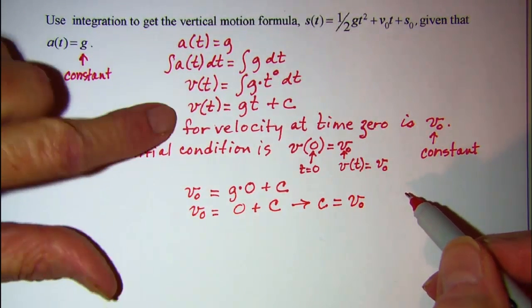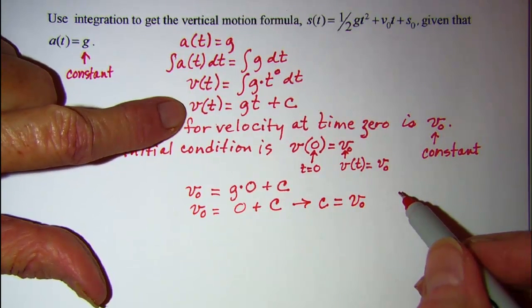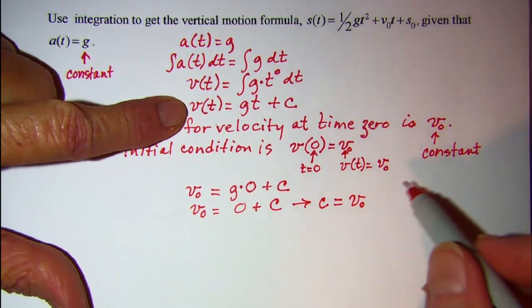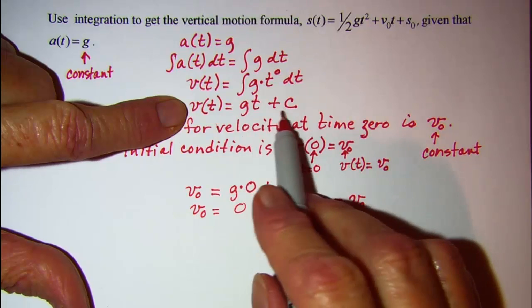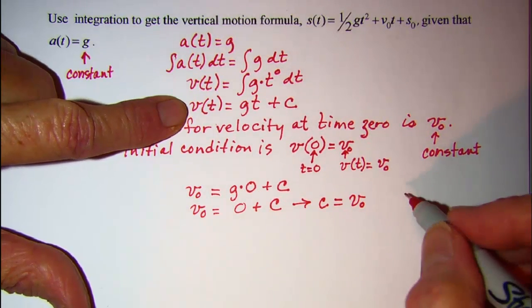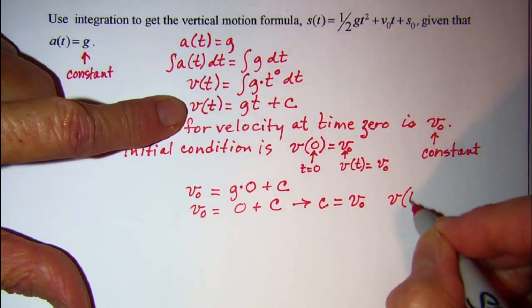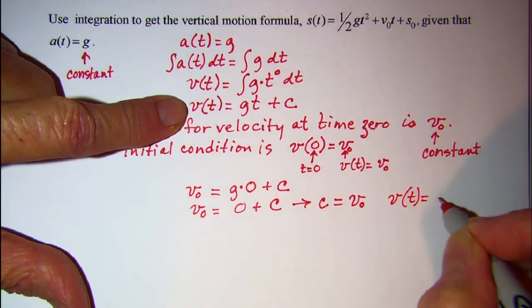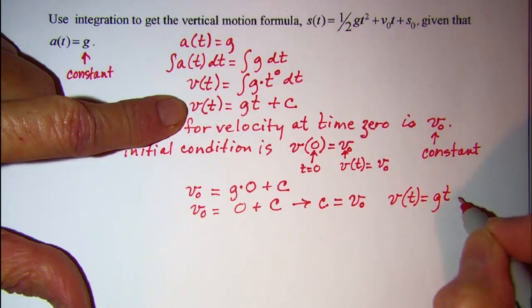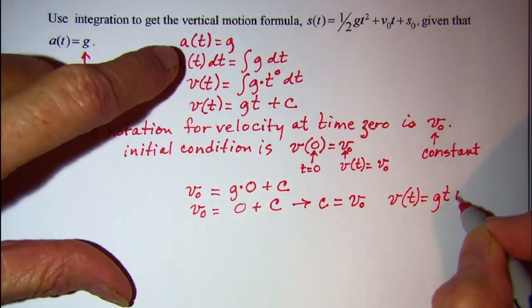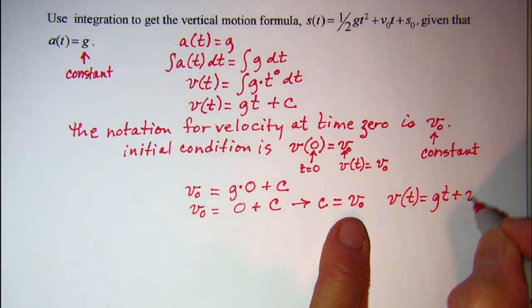So now we can write the particular solution. This was just the general solution. Our particular solution for velocity, v of t equals g times t plus our constant, which is v sub 0.